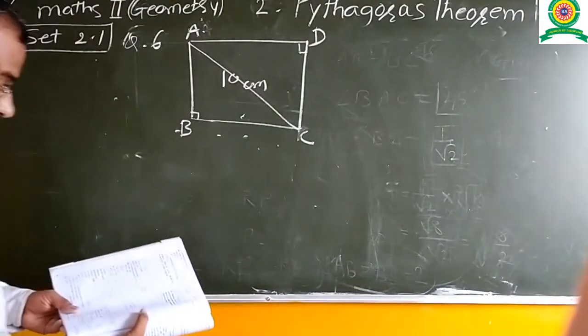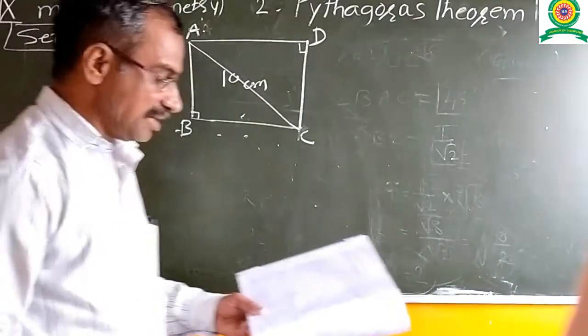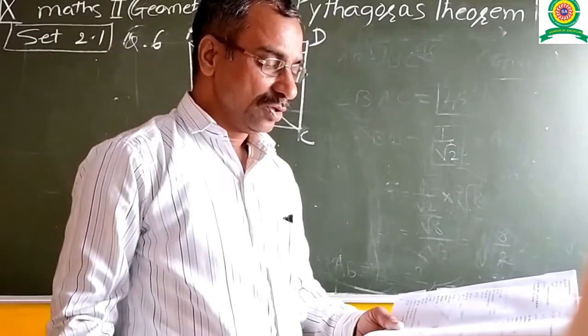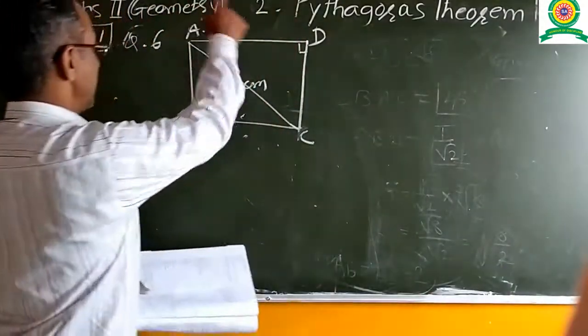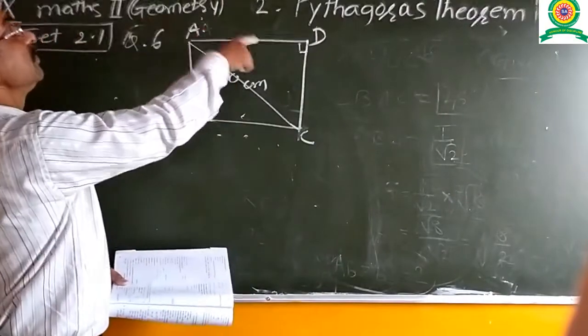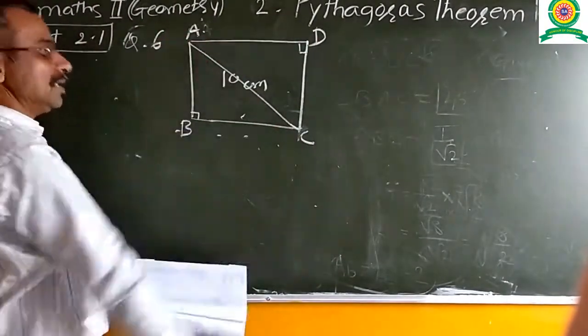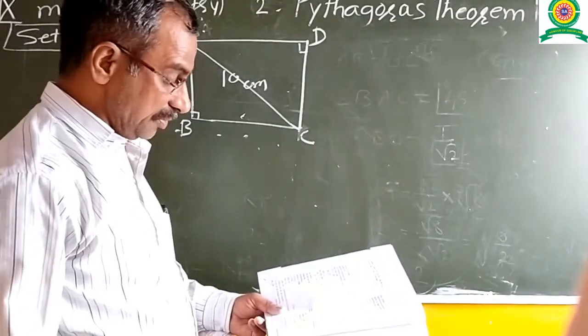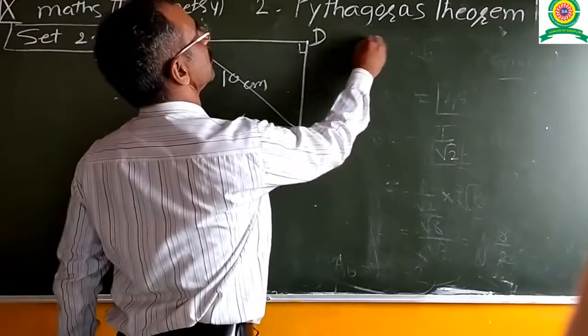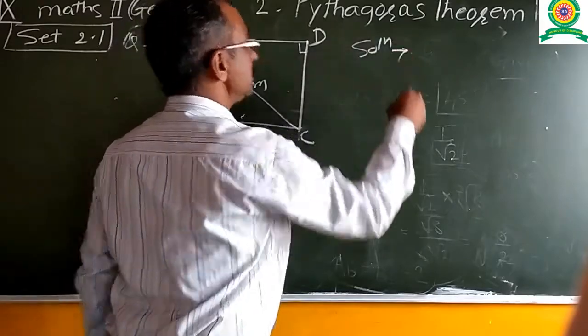Find the side and the perimeter of the square whose diagonal is 10 centimeters. Therefore, we are solving it using a solution.